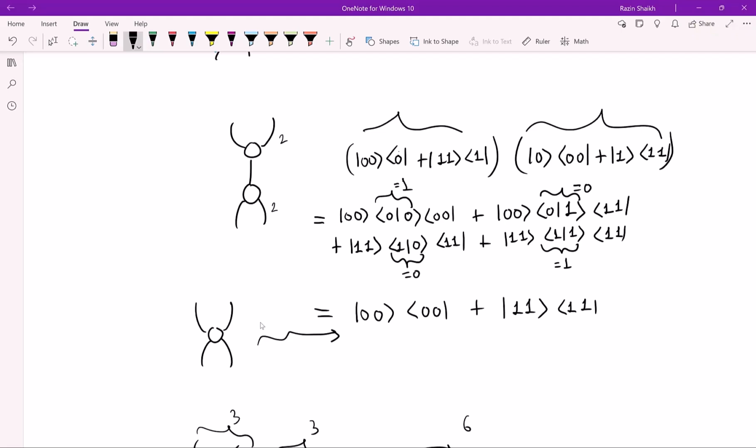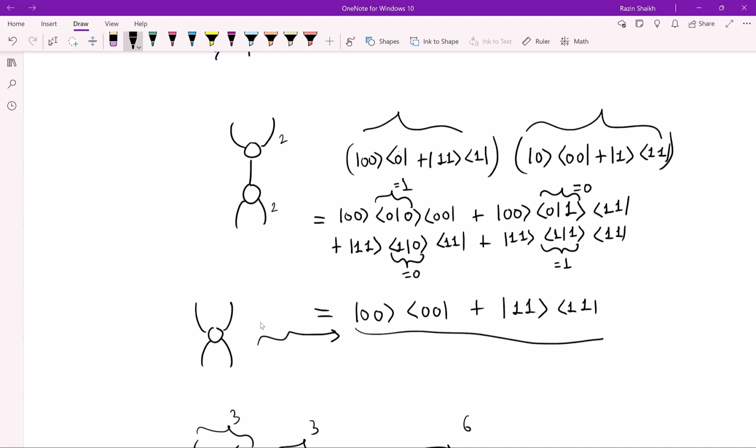What I'm asking is, why do you use ket 00 and 11? So see here, we got four terms by opening up the brackets, by composing these two spiders, which I've written in the bracket terminology here. And this expression was equal to this.